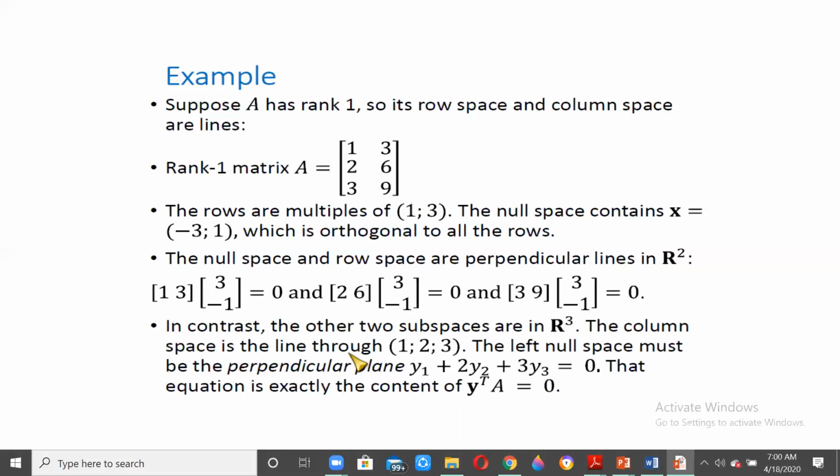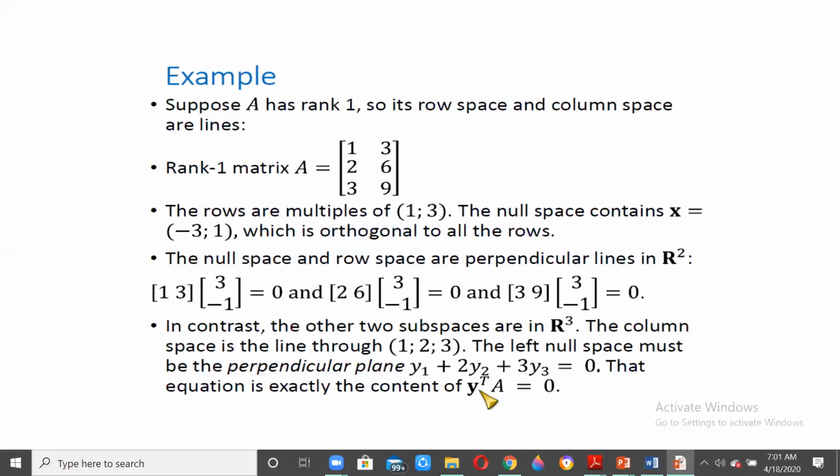The column space is the line through (1, 2, 3). The left null space must be the perpendicular plane y1 plus 2y2 plus 3y3, and that equation is exactly the content of y transpose A.